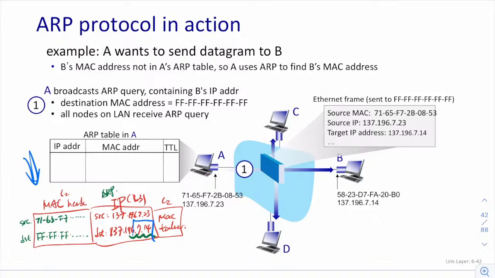That's very simple. But at layer 2, A of course knows its own MAC address, which is 71.65, and so on and so forth.